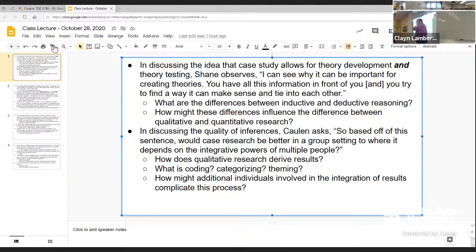Okay, and we're going to get into this in just a minute, but one of the specific things about qualitative research is that most of the time, the research instrument, the thing that actually diagnoses or interprets information, is the researcher themselves. Right?